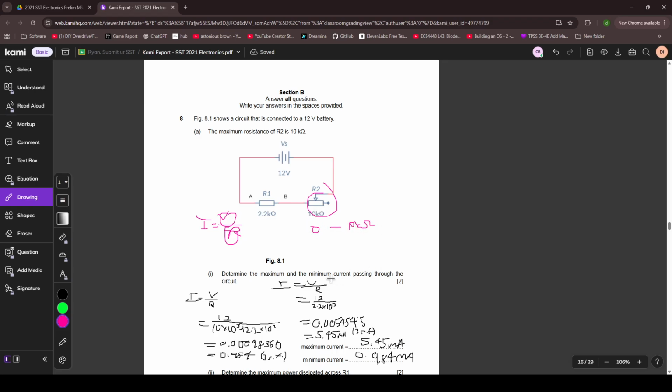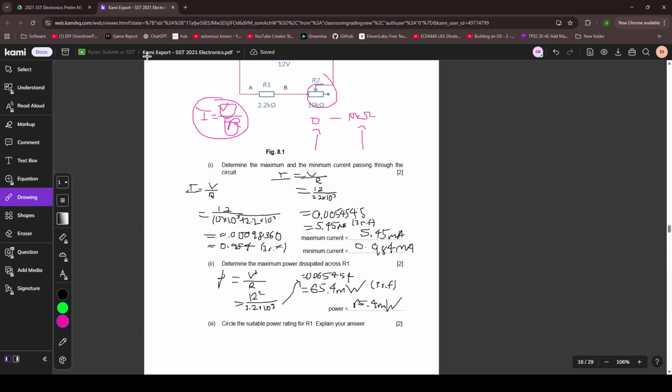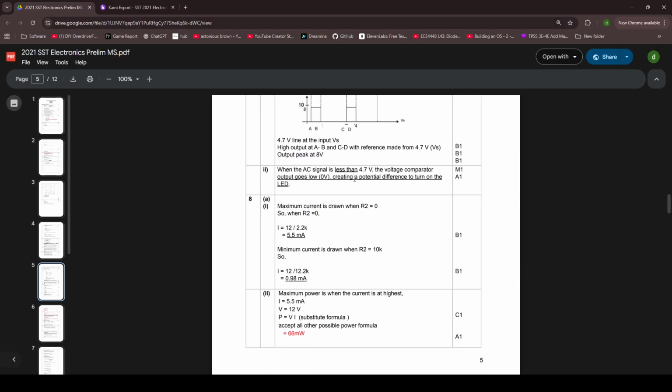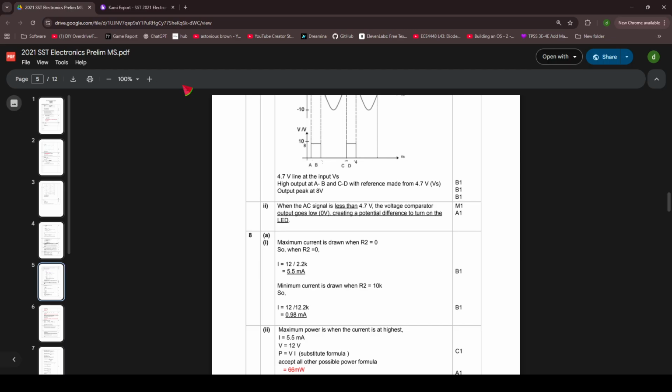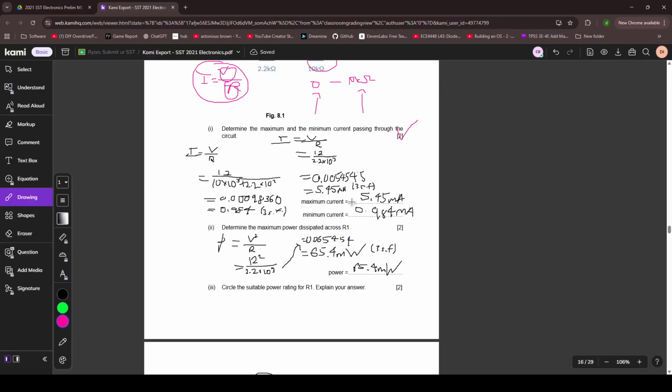Now they're asking for maximum and minimum current, so just do this twice. Set the resistance to 0, and then the effective resistance will be 2.2 kilo ohms plus 0 ohms. Set this resistance to 10 kilo ohms, which is the max, then get the effective resistance again. Do all that, and you will get your answer. So 5.5 milliamps, 0. Yeah, you're right.